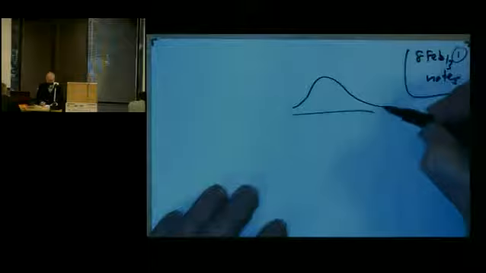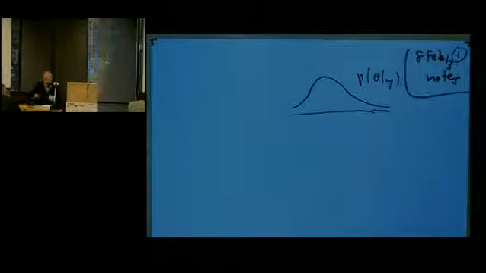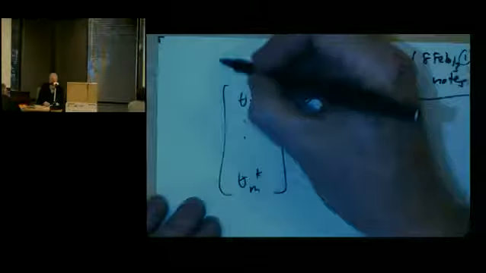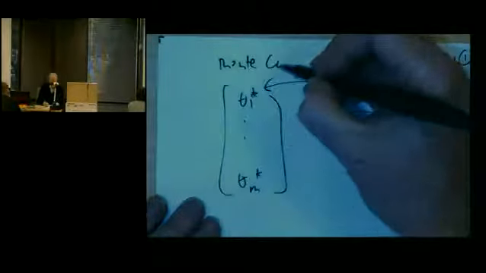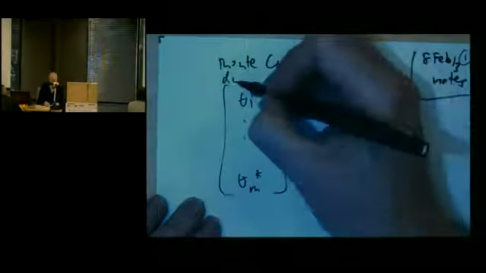And so maybe it looks like this, I don't know. This is the P of theta given y that we're trying to learn about. And suppose for some reason it's hard to work with it in an analytically tractable way. Then the idea is, if you can take a bunch of draws from this distribution, theta 1 star, dot, dot, dot, down to theta m star, then we've got this thing that I'm going to call the Monte Carlo data set. That's going to be our name for this thing.